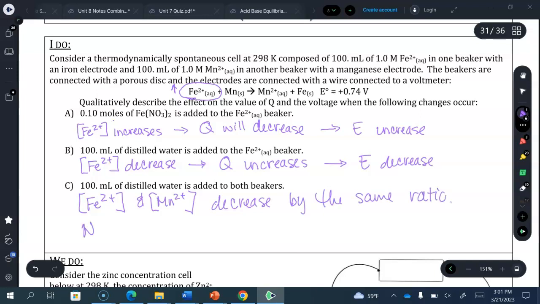Because it's the same ratio, that ratio technically cancels out in the Q component. So no change to Q, which results in no change to E. Sorry, I don't know why I said R.